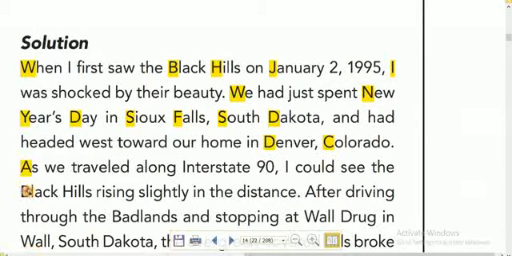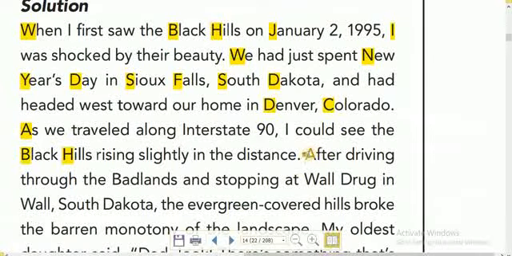I could see the Black Hills rising slightly. No, we do not have the rules. Still, we do not capitalize it. In the distance. After, I capitalize "After," because this is a new sentence.